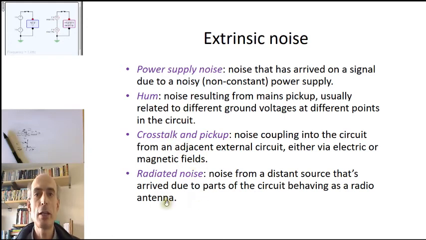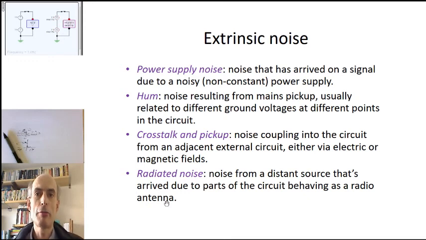Both crosstalk and radiated noise couple into a circuit using one of 2 different routes. Firstly, the electric route. Any wire in a circuit effectively behaves like a radio antenna. A small voltage will be induced in it when an external varying electric field arrives. And these external electric fields can be part of the electromagnetic wave from an external radio source, or it can be coupling in from a varying potential difference across 2 nodes in an adjacent circuit.